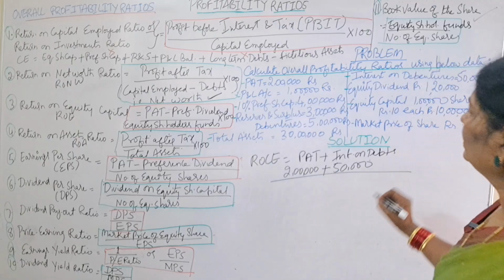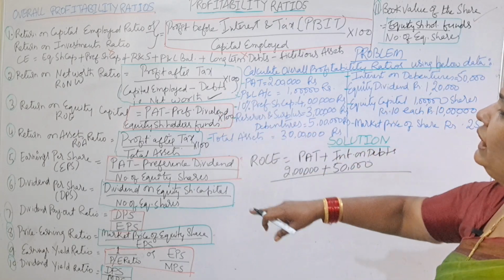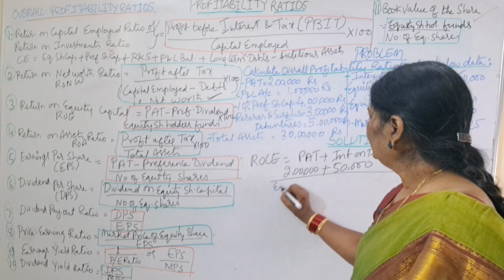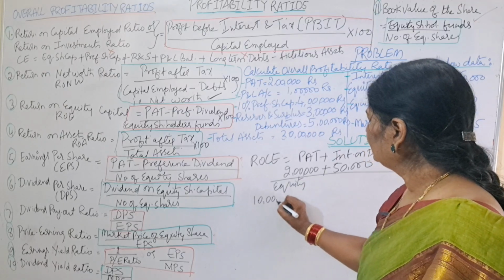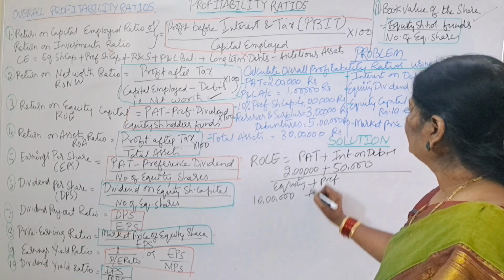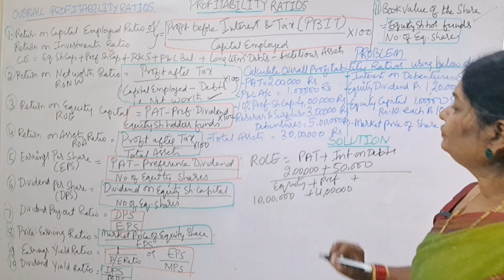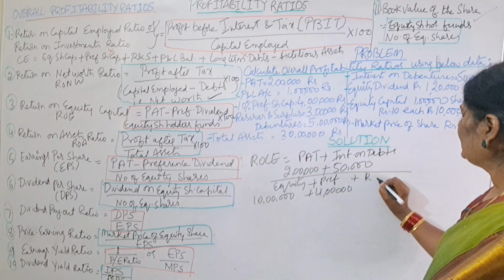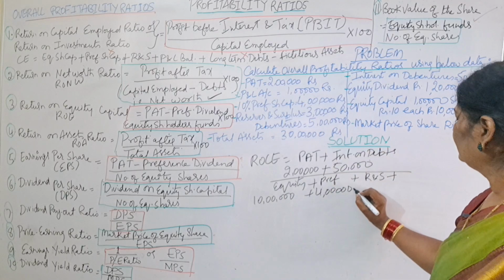Divided by capital employed. Capital employed means what amounts will we take? We'll take equity share capital. See, what is our equity share capital amount? Equity 10 lakhs plus preference, how much? 4 lakhs, plus reserves and surplus, right? Reserves and surplus is given in our problem, so take that amount, 3 lakhs.